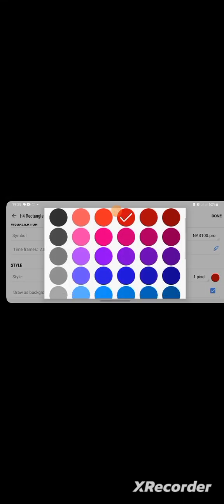Let me change the color to blue, because it is not yet confirmed.